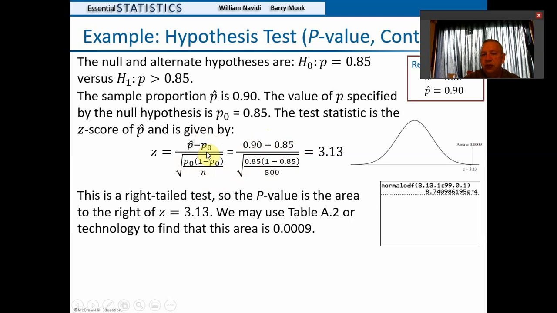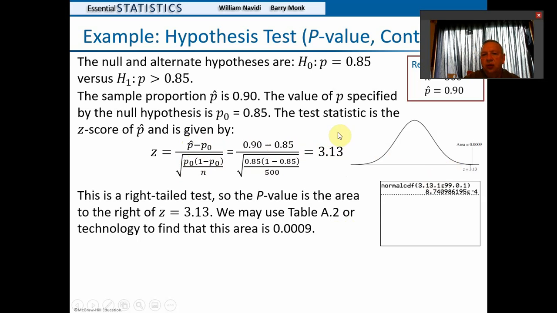This is the difference between here and doing a confidence interval. In a confidence interval, the standard error used p hat times 1 minus p hat. Here, we're making a statement about the population. We think this is true, so we're going to use that value. So when we do this calculation, we get 3.13.